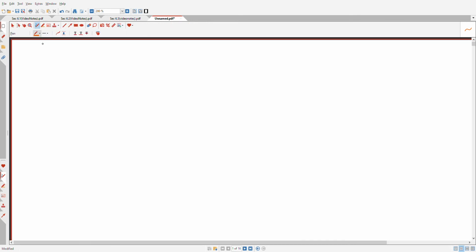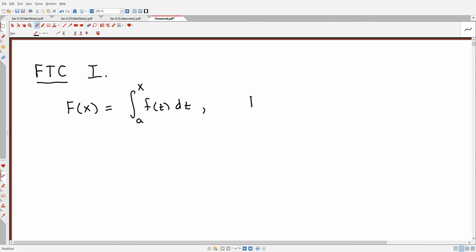the fundamental theorem of calculus, part 1. And so here's what the fundamental theorem of calculus, part 1 was telling us, that if you form this area accumulation function, capital F of x, starting at some point a and ending at the stopping point x, and if you add up all of little f's information, then the derivative of this is just the integrand little f.